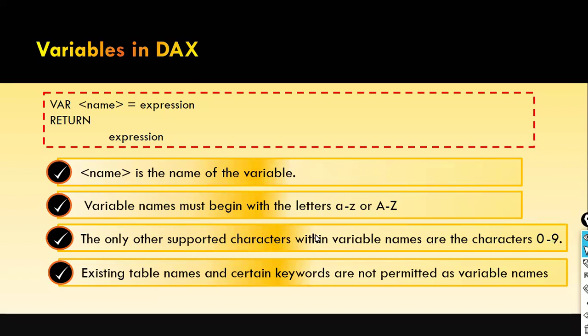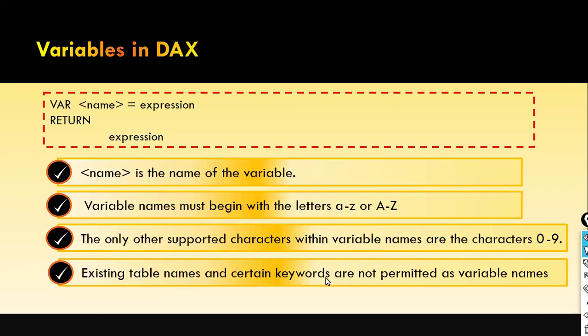But you can use a numerical value in between, for example salary, measure1, measure2, or measure1 under sales. In between the characters, or at the end of the word, you can specify a numeric value, but you cannot define a variable by starting with a numeric value. That is what the third line says.